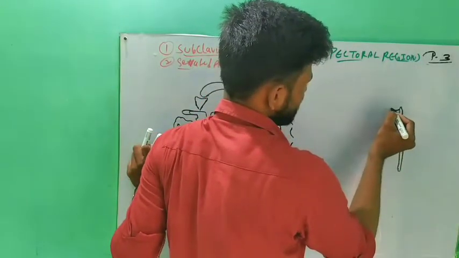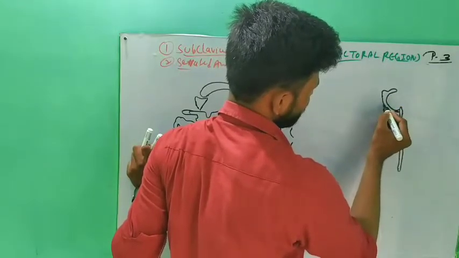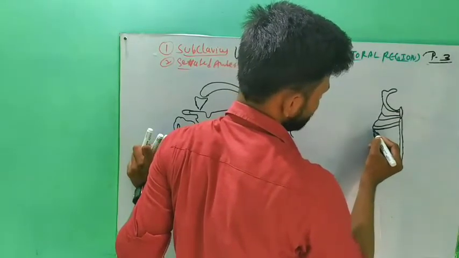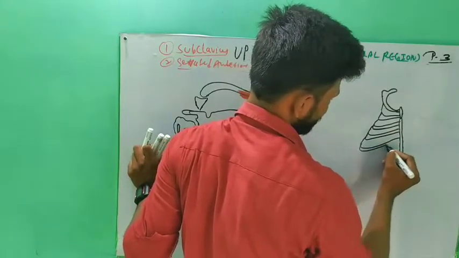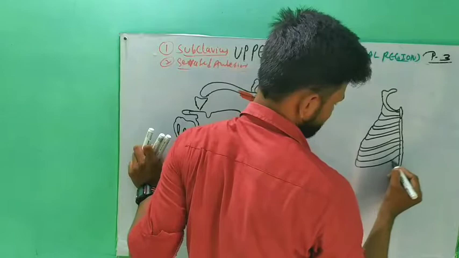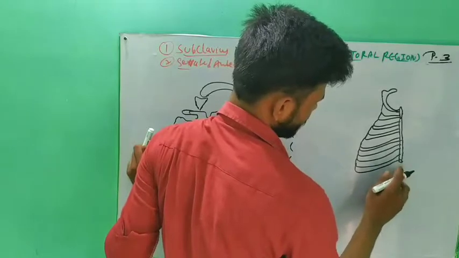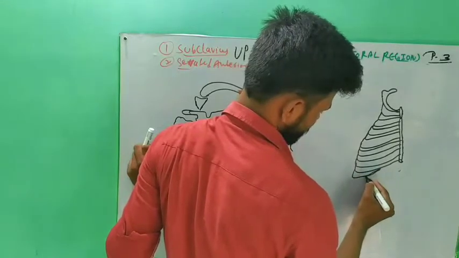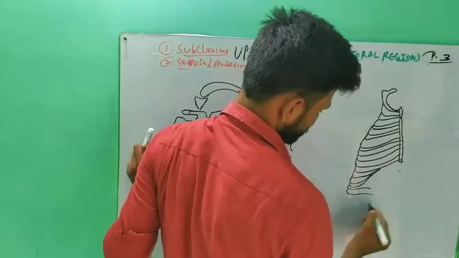Suppose there is the first rib, then the second rib, then the third rib, then the fourth rib, then fifth, then sixth and seventh, 8, 9, 10, 11 and 12.